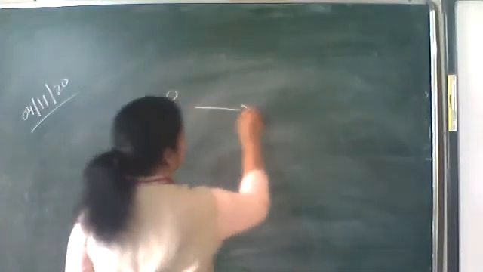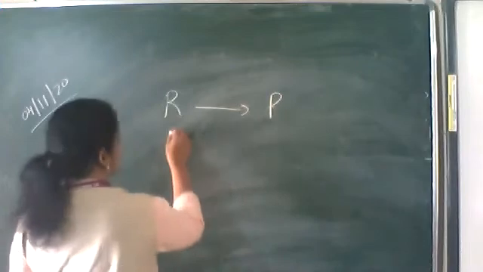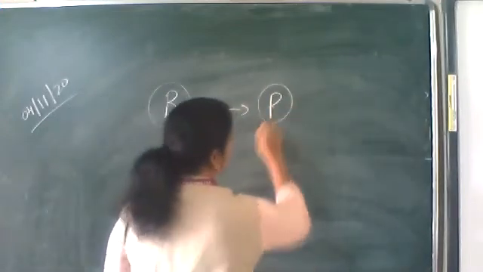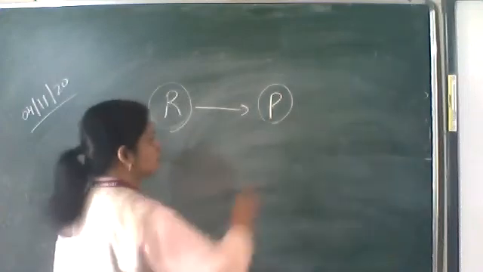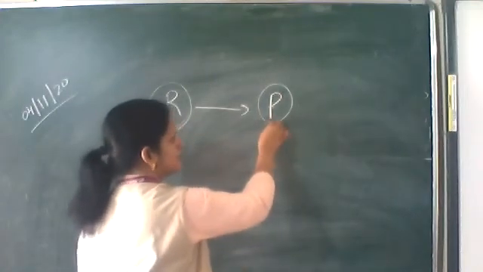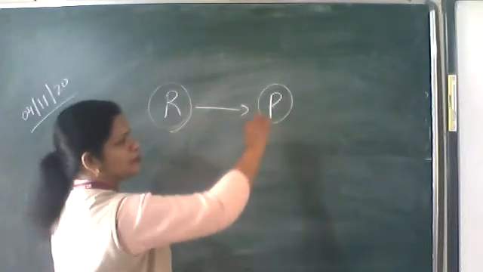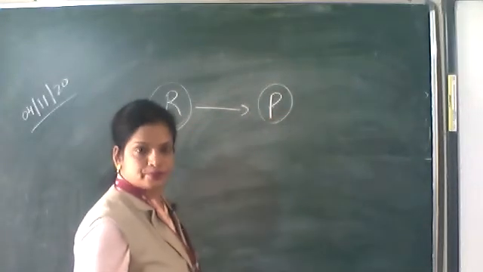Suppose reactants are giving products. Reactants heat content is more than products heat content. This has got less enthalpy, this has got more enthalpy. That means the rest enthalpy will be released.